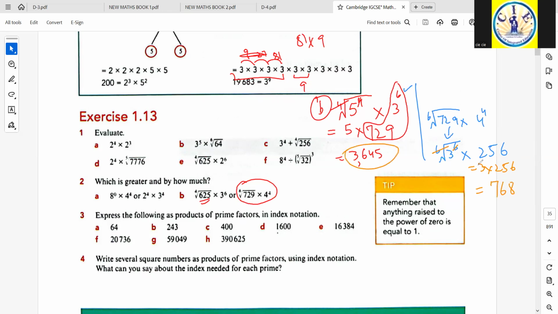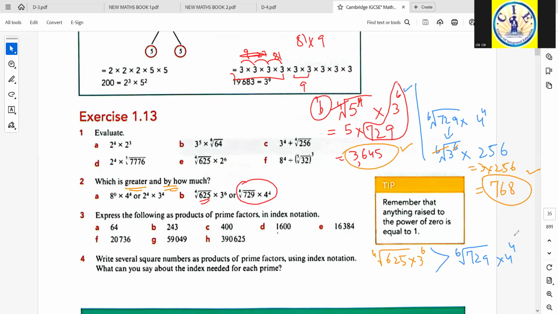So now you can easily compare these numbers. Obviously, you need to give the answer for which is greater. So this one is greater than this. And by how much? You can write down that the 625 fourth root times 3 raised to power 6 is greater than the other number, that was the 729 6th root times 4 raised to power 4.